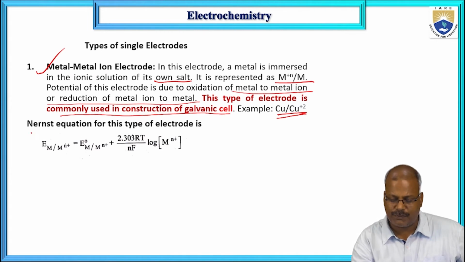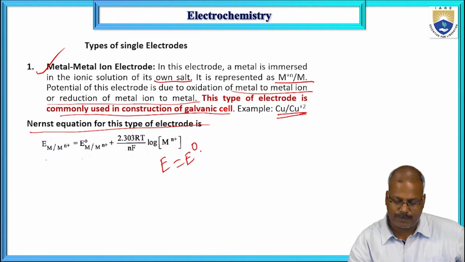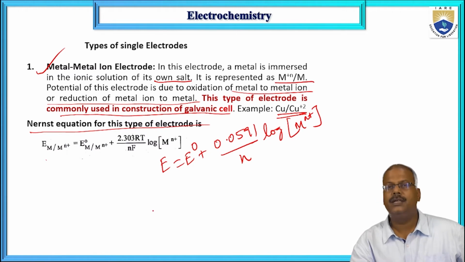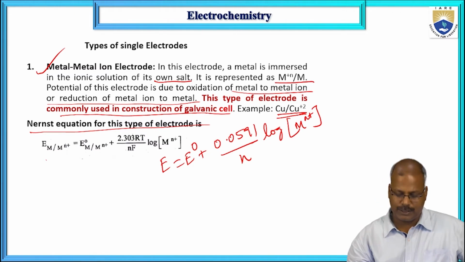The Nernst equation for this type of electrode is E = E° + (2.303RT/nF) log, which we can write as E = E° + (0.0591/n) log [M^n+]. This is the Nernst equation for the metal ion electrode.